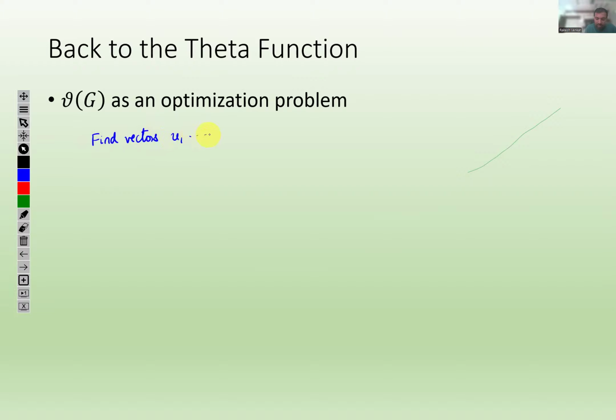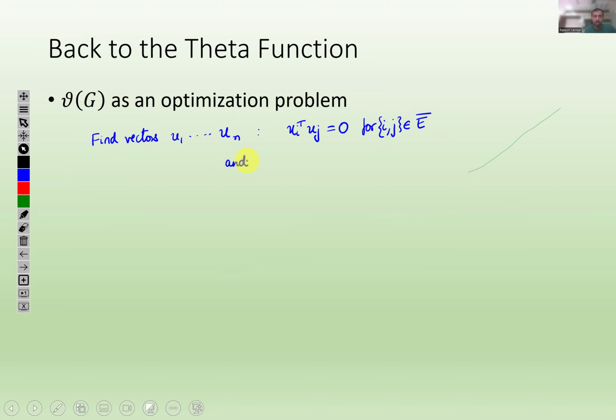I'll just write it out explicitly once more so that it's clear. So G is the graph. Its vertices are 1 to n. You want to find vectors u1 to un such that ui transpose uj equals 0 for ij not an edge, which I'm denoting by E bar.